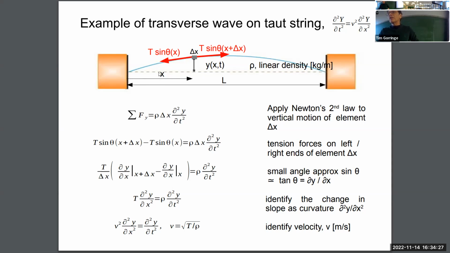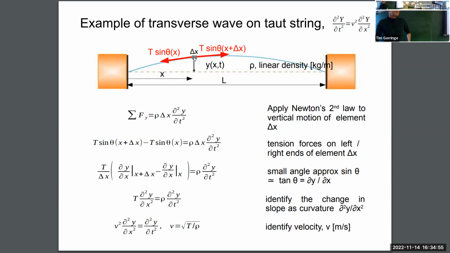In solving this problem, we're going to imagine a small element of that string. So I've pictured that in gray here. Its coordinate, I just called that x, so that's how far from the left-hand end of the string it is, and its length is delta x, and its displacement is this y.